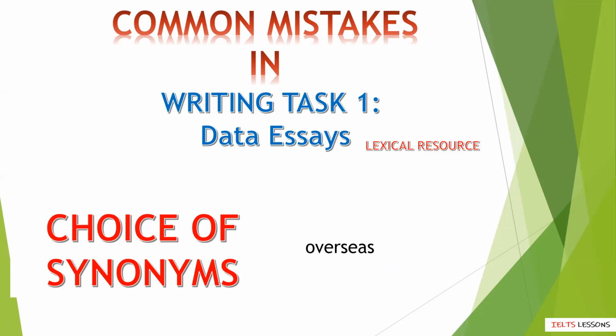For example, "overseas" they change to "boats and ships," and for "visitors" they use "arrivers," which doesn't make sense. And for "the remaining years," they use the word "remains," which also doesn't make sense.